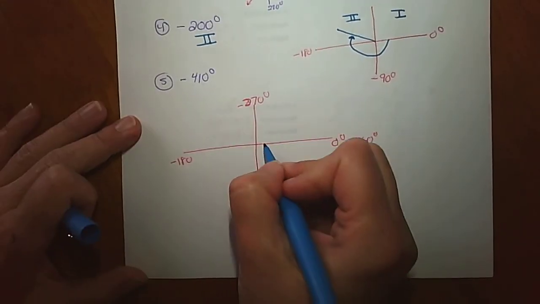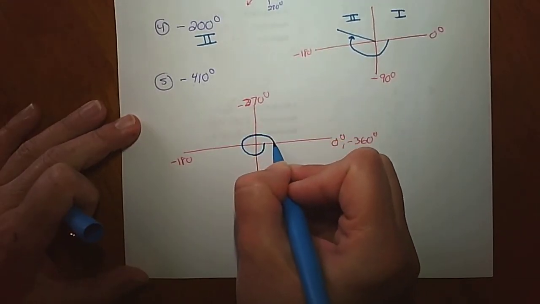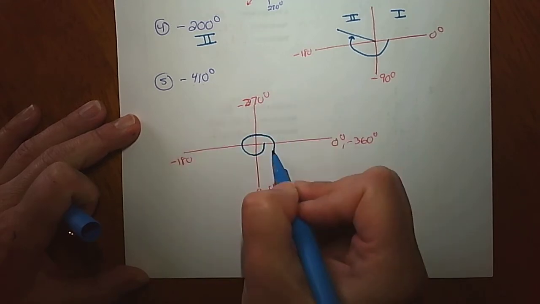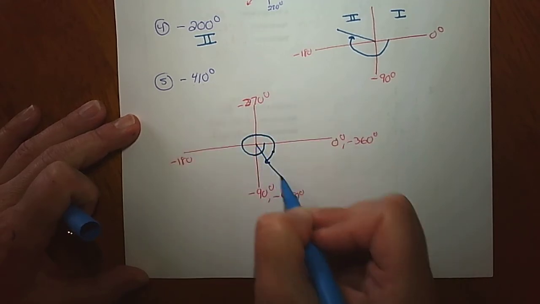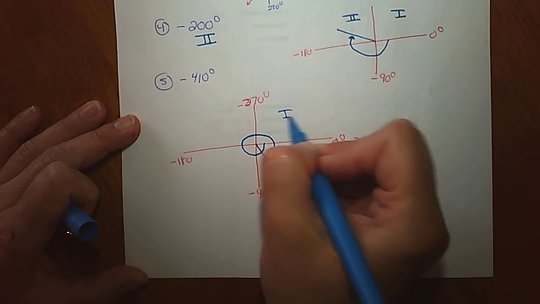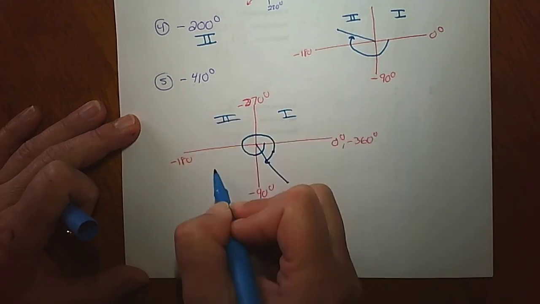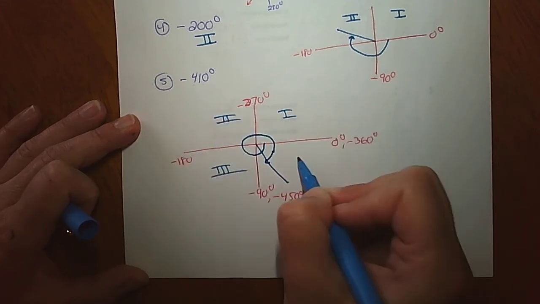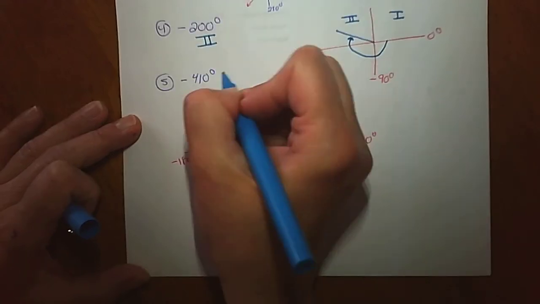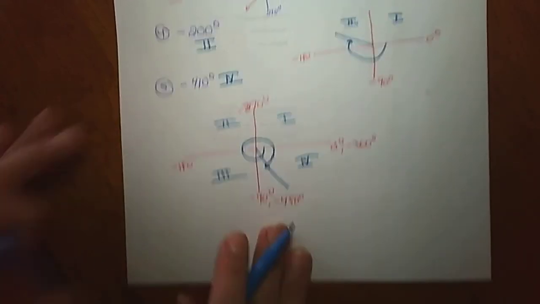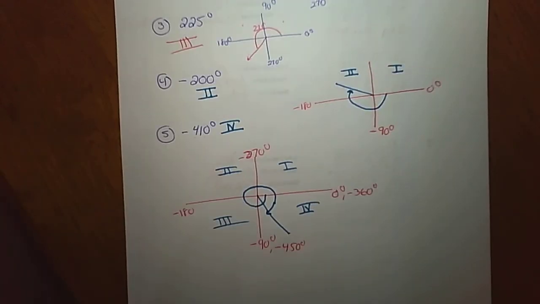That means I went all the way around once, and negative 410 would be maybe right there, right? So if this is 1, this is 2, this is 3, so we're in quadrant 4. And that's how you do it. So you have to sketch it. That's why placement is so important. Sketch it first and go from there.